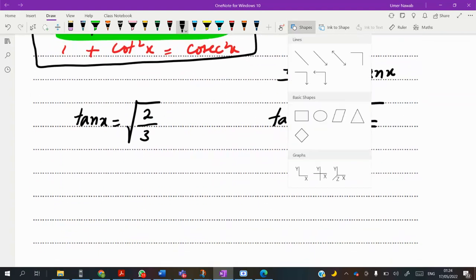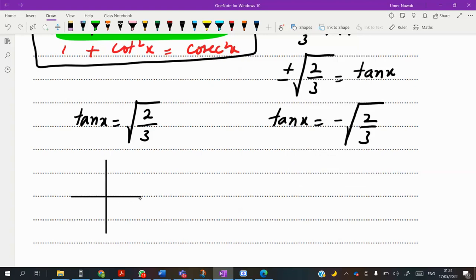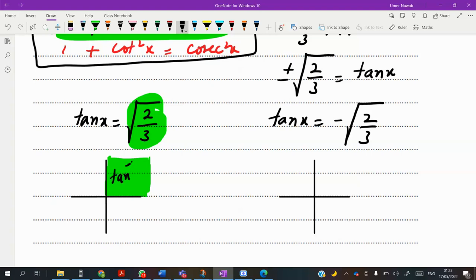Since I need to cover the first and the fourth quadrant, let me draw the quadrant diagrams here. Since the tan is positive here, I'm expecting my answer in the first quadrant and the third quadrant, but since the given range is not covering the third and the second quadrant, I will stay here, and I'm going to write shift tan of square root of 2 over 3.